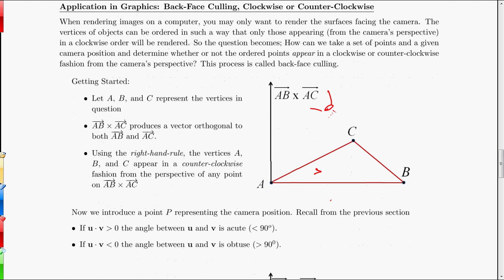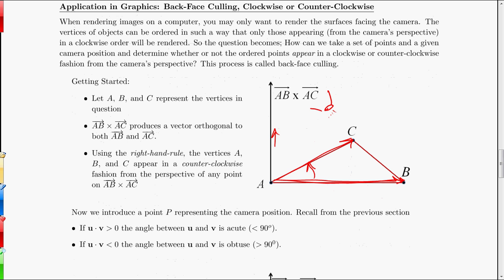Here's the thing you have to remember: I'm going to have my 3 points, A, B, C. I want to find out whether or not they occur in a clockwise or counterclockwise position. So I take the vector AB and the vector AC, and I get the cross product, which using the right-hand rule gives me this cross product here.